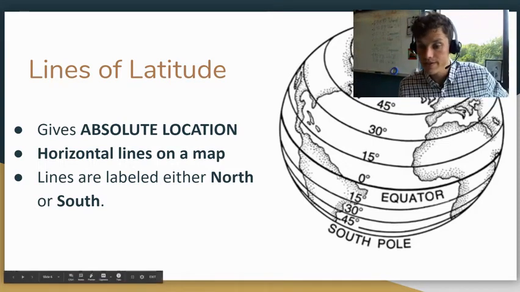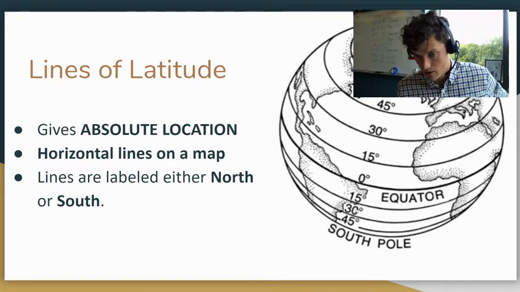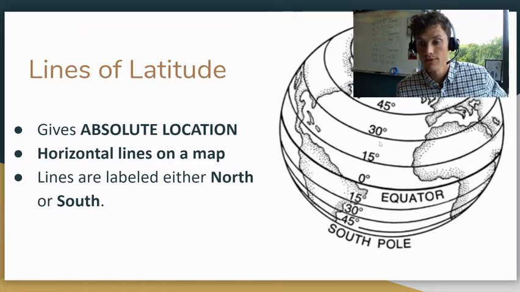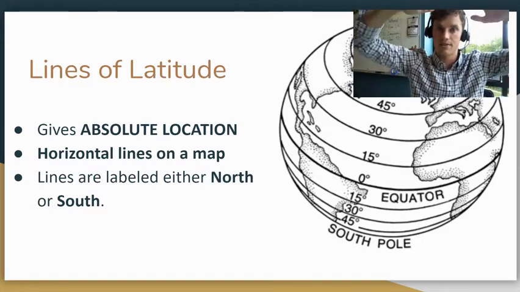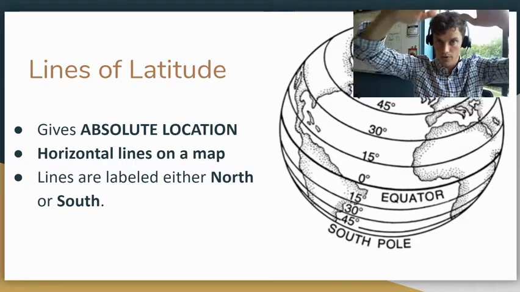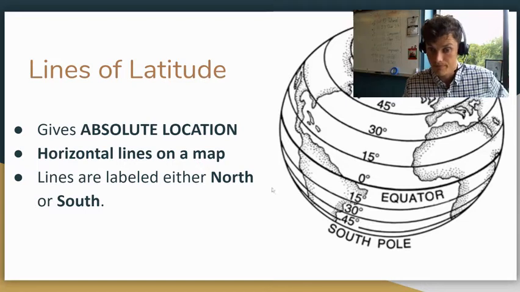Okay? Notice how it counts up from 0 this way, and then here we are at 0 again, and then it counts down from 0. All the way to the South Pole to the south, all the way to the North Pole to the north. Okay? So remember, latitude lines go this way, but they stack on top of each other. Up to the north, labeled north, and then down to the south, labeled south.